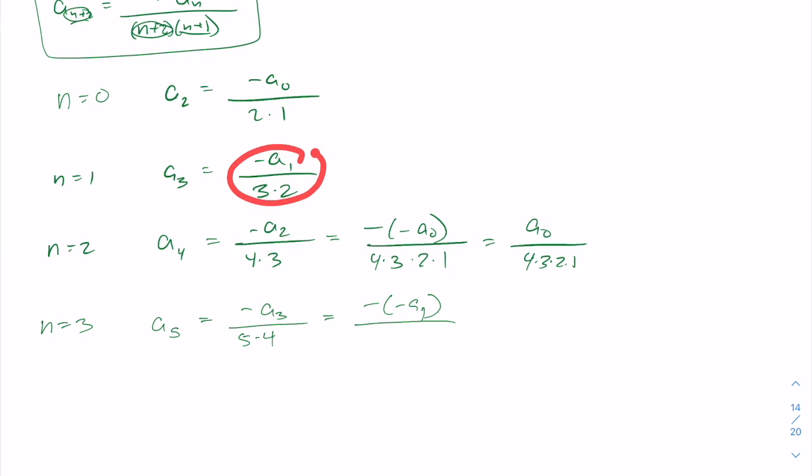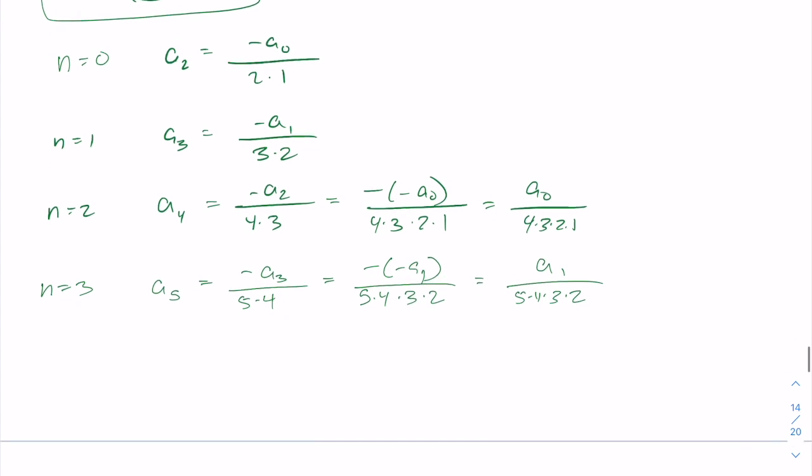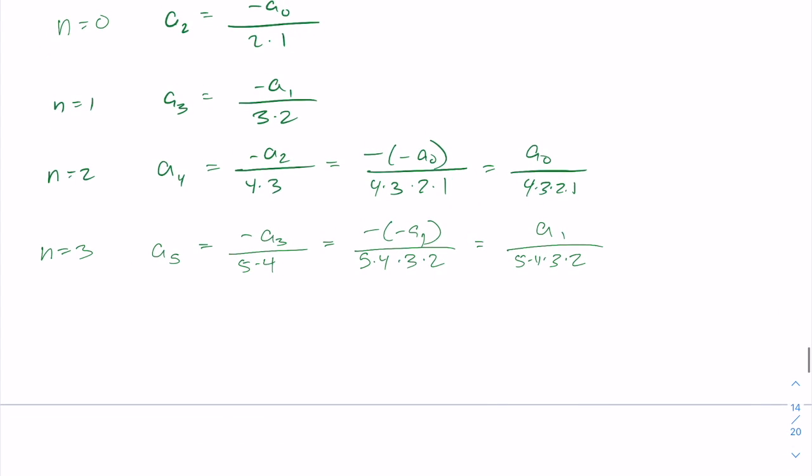So we're looking back. We're going to put that into here. And so then I have 5, 4, and then the denominator will go down 3, 2. So I have a1 over 5, 4, 3, 2. I think we need to do a couple more.